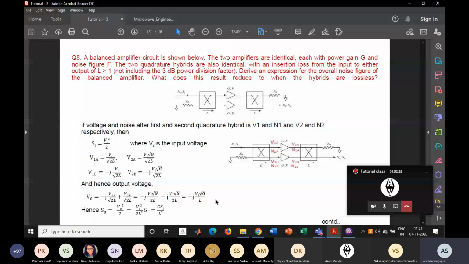Since Vi square by 2 is the input power Si, S naught will be G Si by L square.